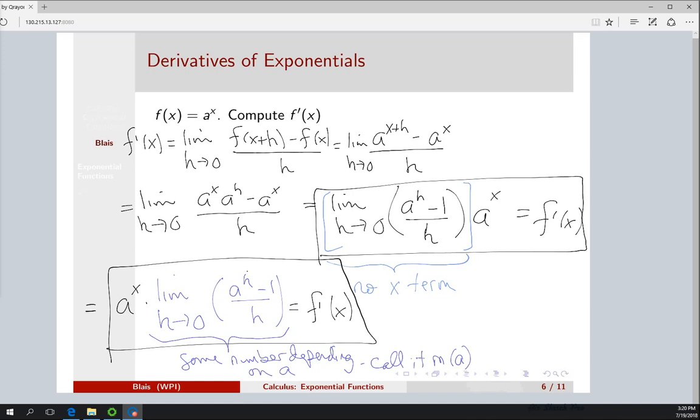So what that means, summing this up, if f of x is a to the x, and remember, a is just some fixed number that's greater than 0, our base, given that function, its derivative, f prime of x, is equal to some number, we call it m of a, so some number that depends on a, times the original function, a to the x.